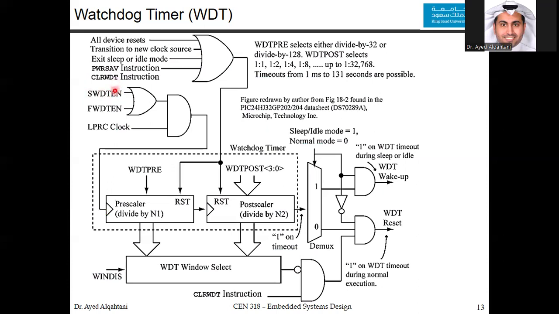So if this is enabled or this is enabled, any of them is 1, this will be 1, and the clock will move. Now, if you choose the watchdog timer to be enabled or disabled by software, this one will be 0 for sure. This one will be 0 because you choose the software.